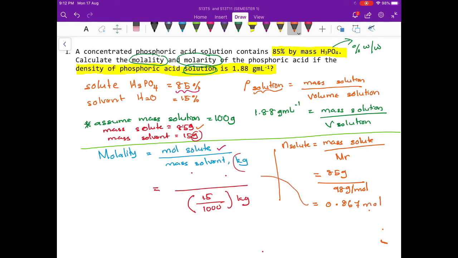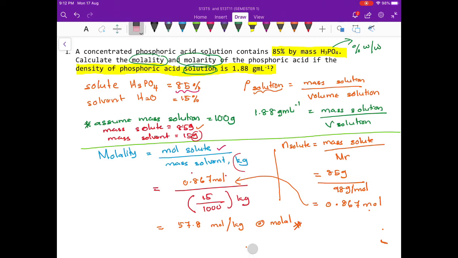Then you can insert the value here, and then you will get 57.8. The unit is mole per kg or molal. Both units can be accepted.